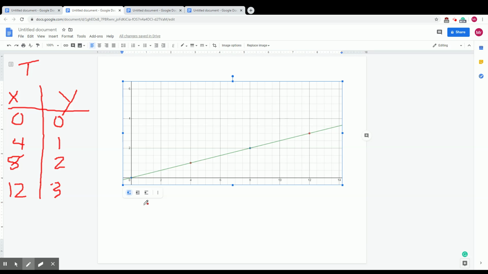I gotta make an expression now. Now, making an expression, not gonna lie, it can be kind of difficult. But if I have a graph, there's a way that I can kind of cheat it.